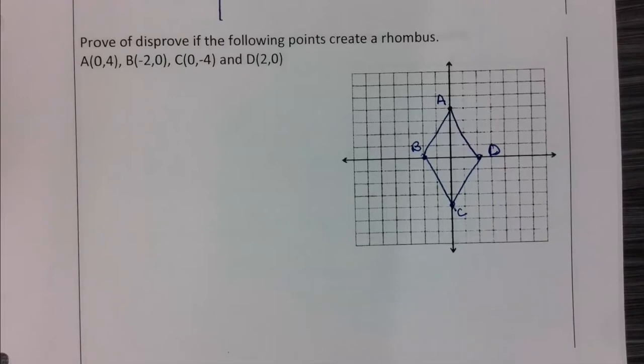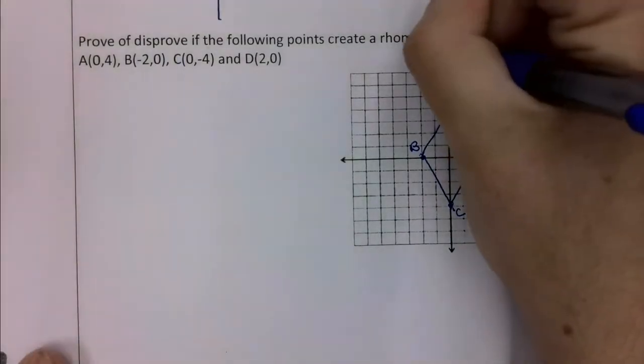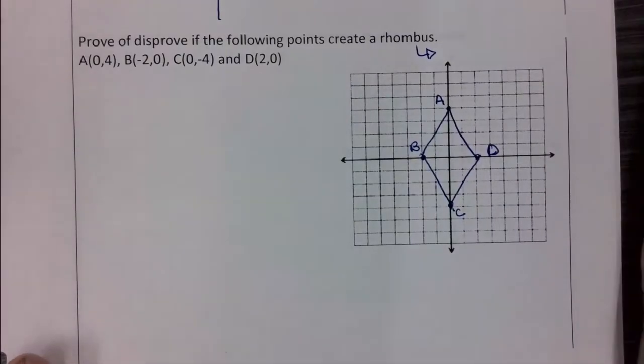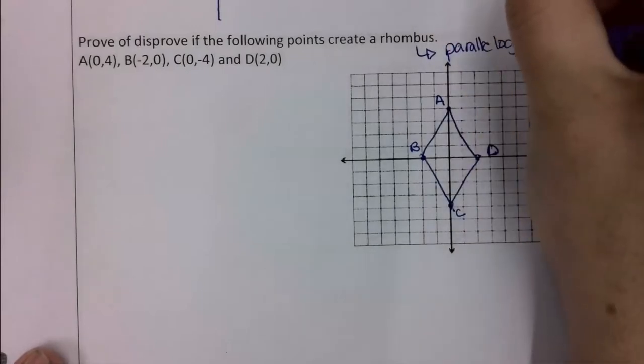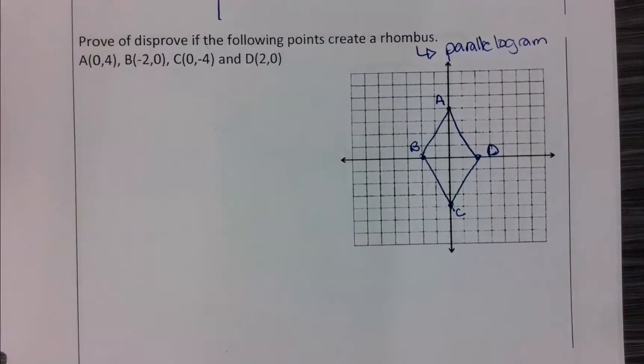Okay. So rhombuses are what kind of shape specifically? So the first thing I'll need to do is, before I can prove it's a rhombus, I need to prove it's a parallelogram.